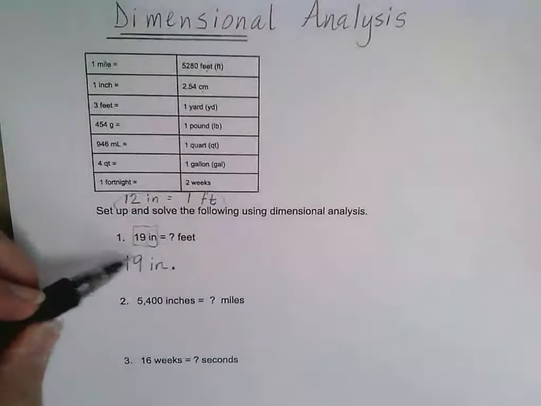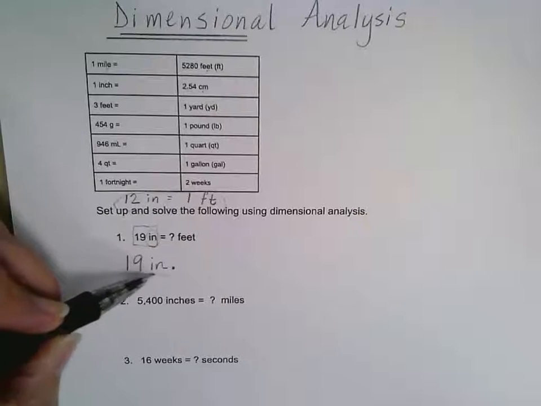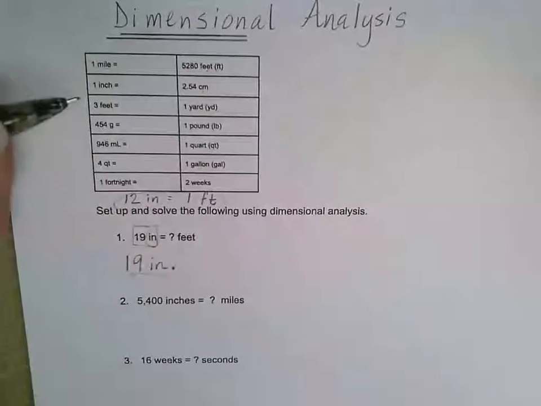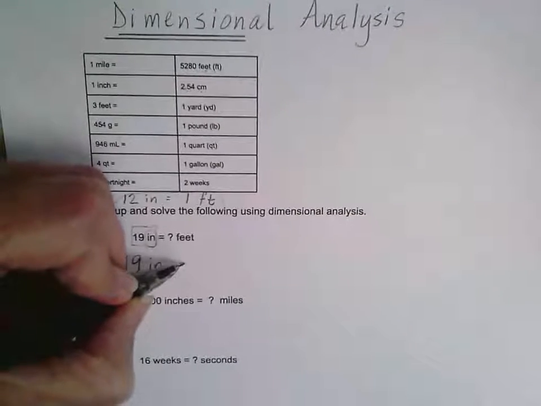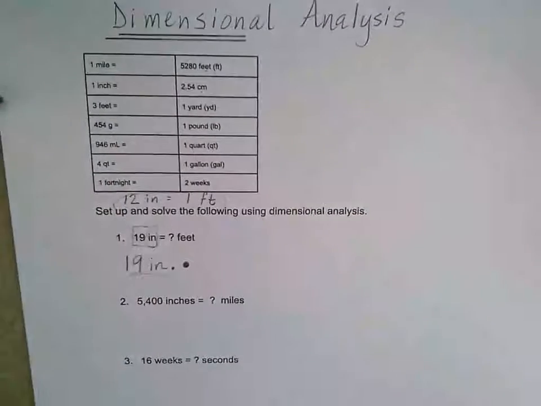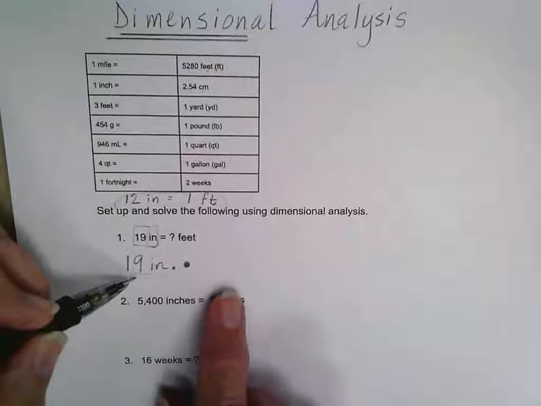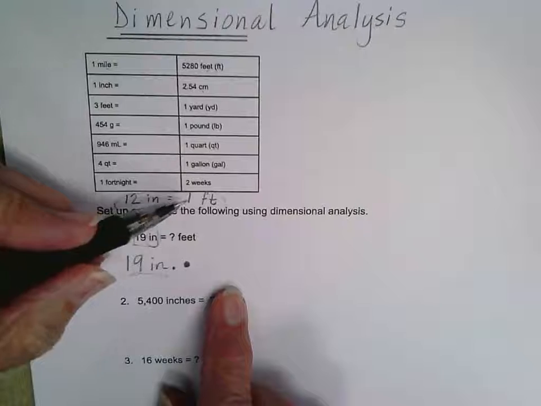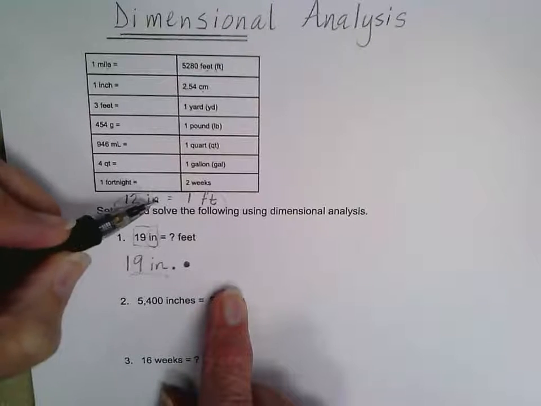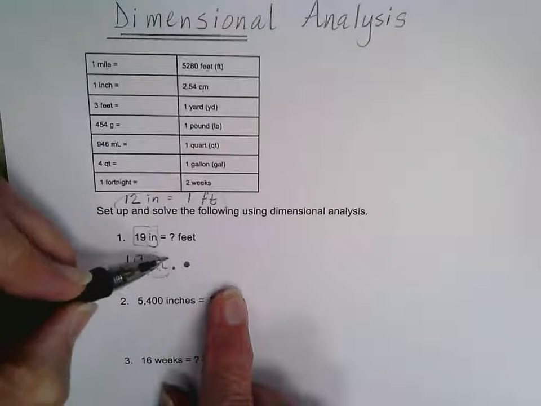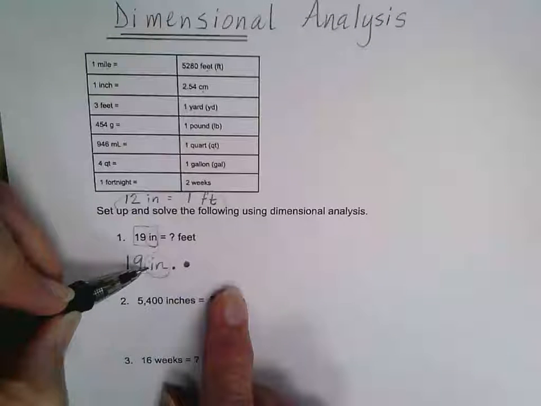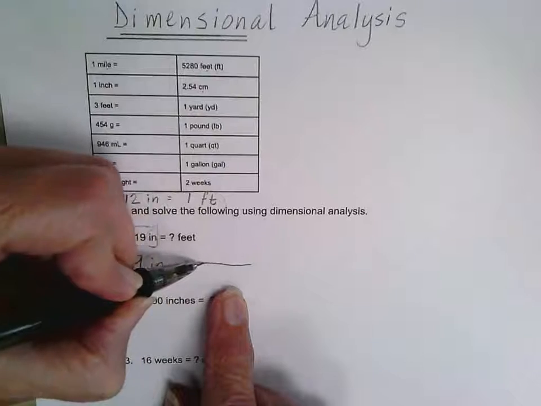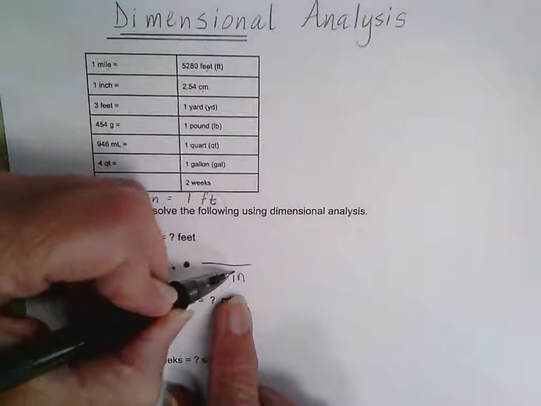Now, when I write it next to my given, what I want to do is use either a multiplication sign or the dot to indicate that we're going to be multiplying. And I'm going to write this information such that the unit of measure that appears in the given, I am going to put that same unit of measure as my second term in my ratio.